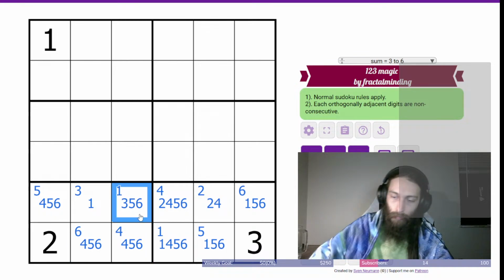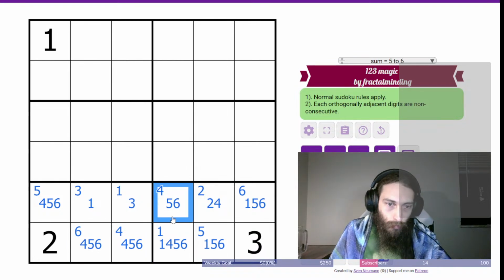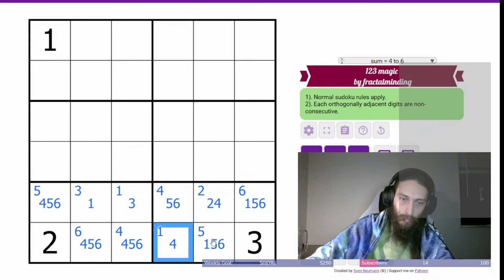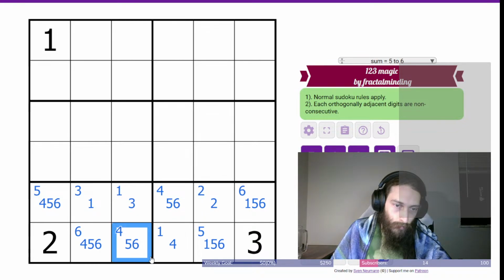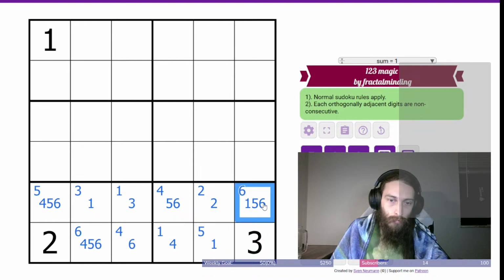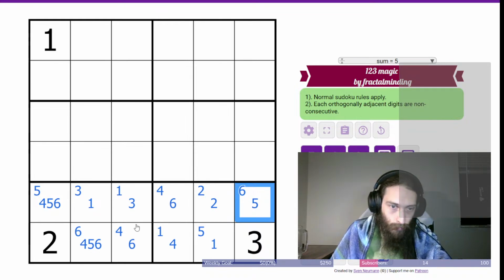4, 5, 6 would mean that's a 3. 2 and 4 would be out. 1, 5, 6 would mean that's a 4, and this is a 2 in either case. 5 can't go next to 4. 5, 6.